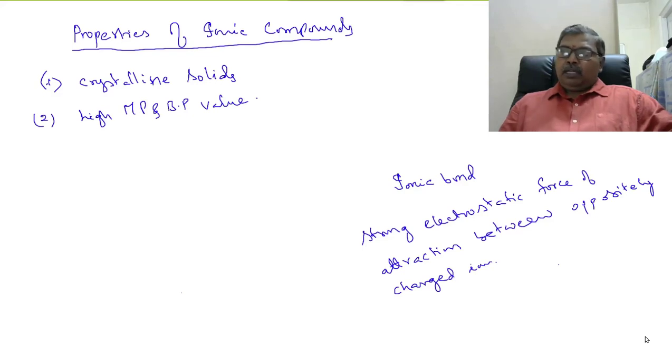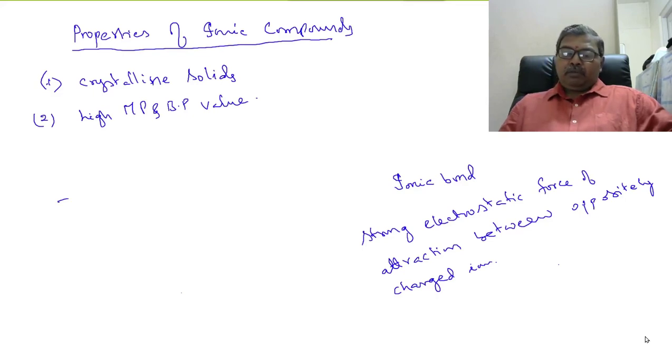See, in chemistry, we have various types of force of attractions between the chemical species. The species may be atom or molecule or ion, whatever it may be.